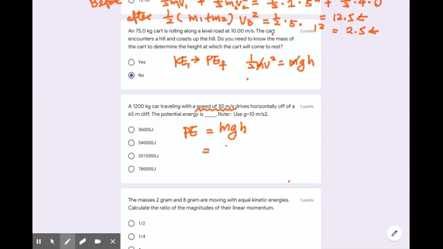Our m is 1200, our g is 10, our h, the height, is 65. So you just multiply those together, is 780,000, which is this.